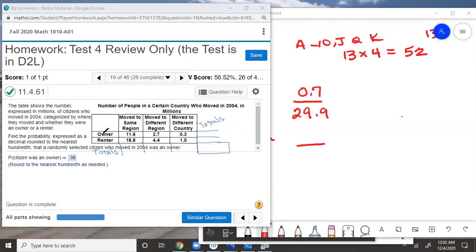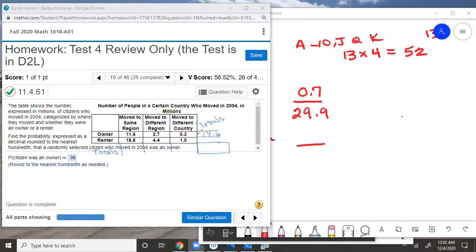So let's find out how many owners we have first. The number of owners is 11.6 plus 2.7 plus 0.3, which is 14.6. And the number of renters is 18.8 plus 4.4 plus 1.0.